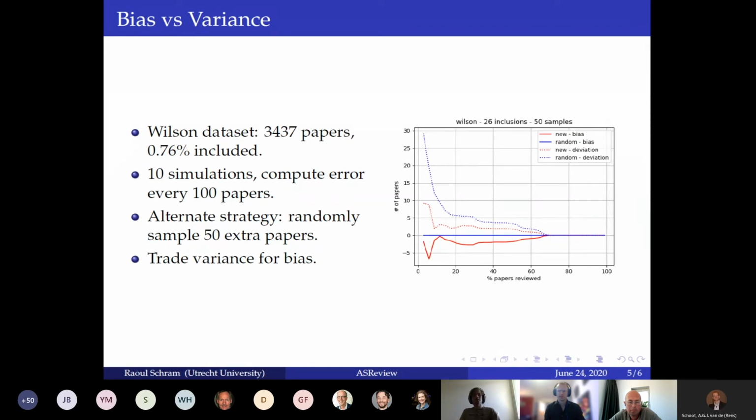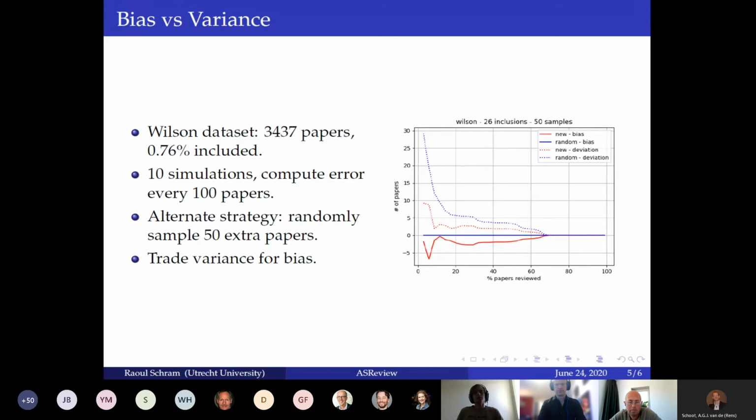Now I did it on another dataset, because it's always good to do your simulations on a few different datasets to know you're not biased by just having one lucky run. So I also used the Wilson dataset. I used the same procedure, but now I look at whether there's a bias or a variance, because there's a variance between the 10 different simulations, where you have different inclusions at different time steps.